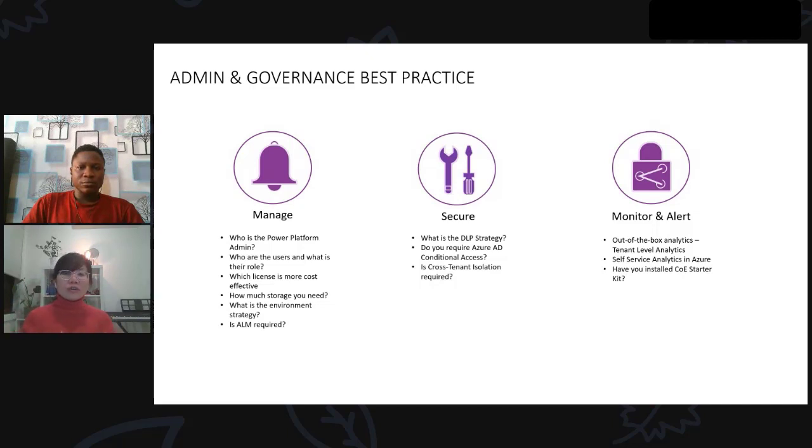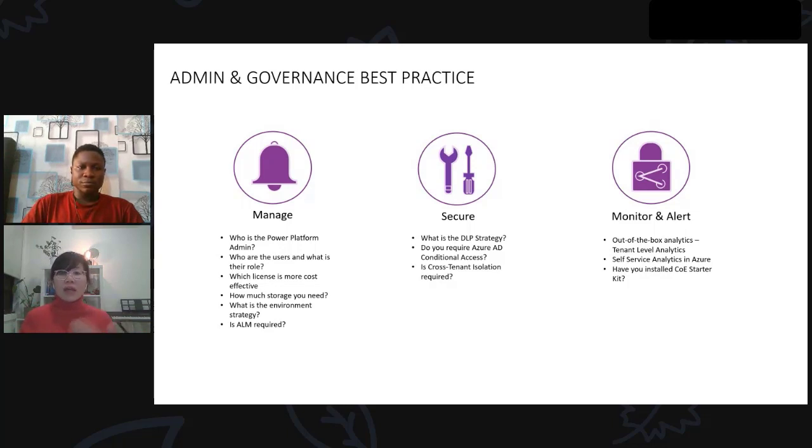But if you're talking about just one environment, maybe you have a very small team, IT is the only one building it, you're just one person building the app, no one else using it, then maybe you just need to use the default environment. If you use the default environment, then there's no deployment, and you don't need ALM, right? So this all links back to the environment strategy.